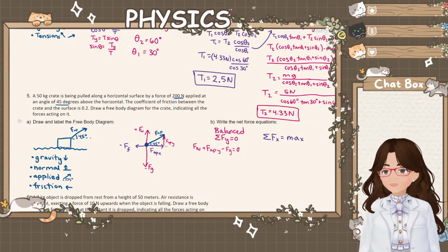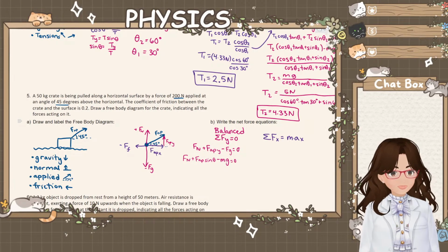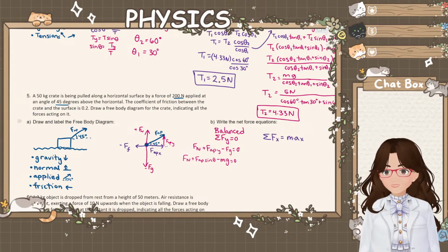In this case here, I have the normal force plus the applied force times sine of theta minus m times g is equal to 0. And then on the other side, I'm going to set up my x: F applied x minus the force of friction, set equal to m times a, because again, I think it may be unbalanced.